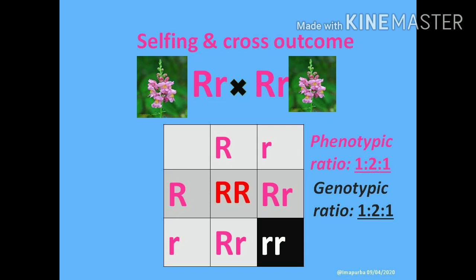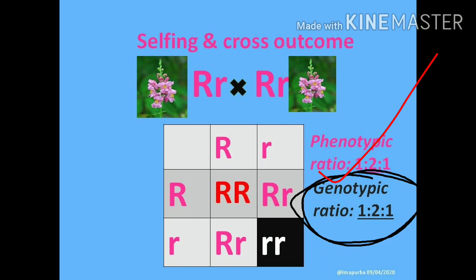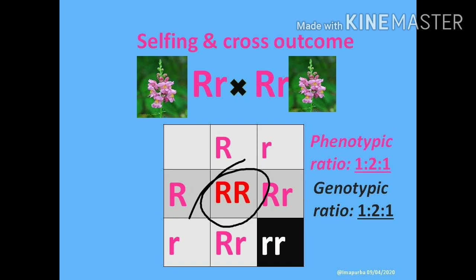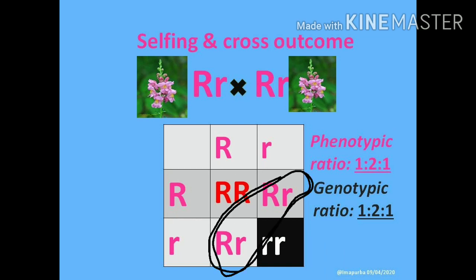The genotypic ratio is also 1:2:1, because 1 capital R capital R, 2 capital R small r, and 1 small r small r. This kind of result arises in the F2 generation when we cross the F1 hybrids.